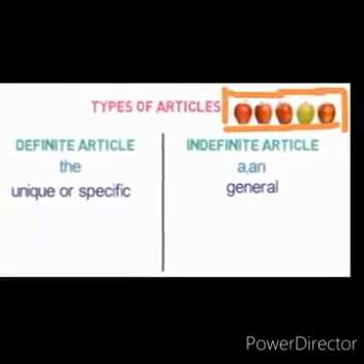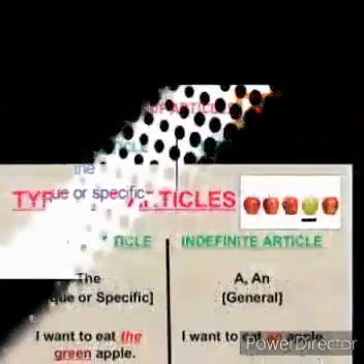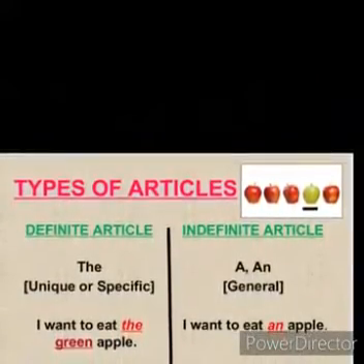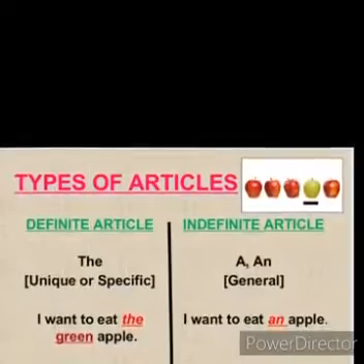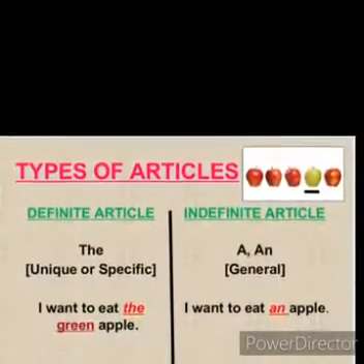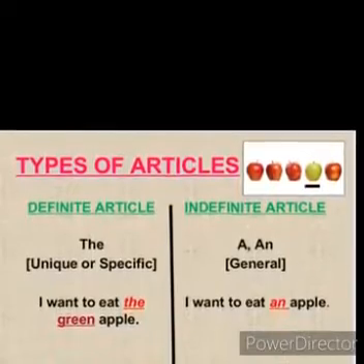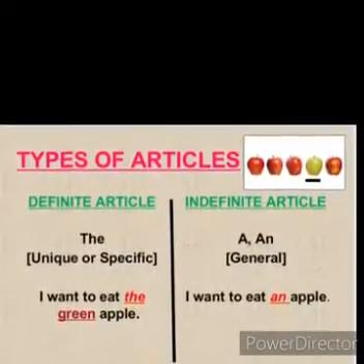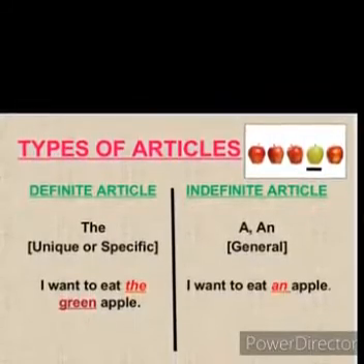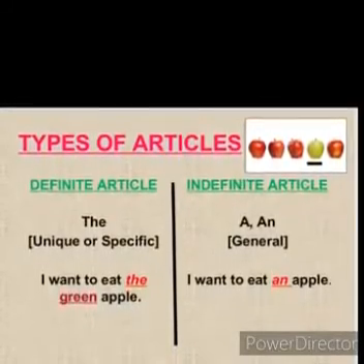You will say, I want to eat an apple. Now, if you want to eat a specific apple, that means a particular apple from the apples in front of you, then what will you say? You will say, I want to eat the green apple.